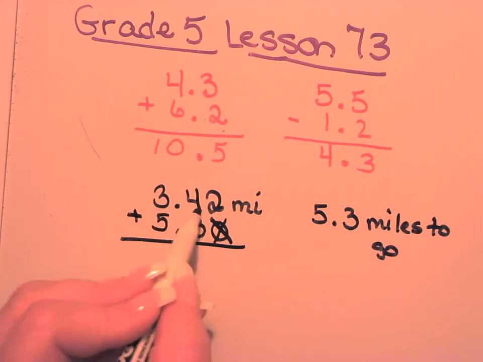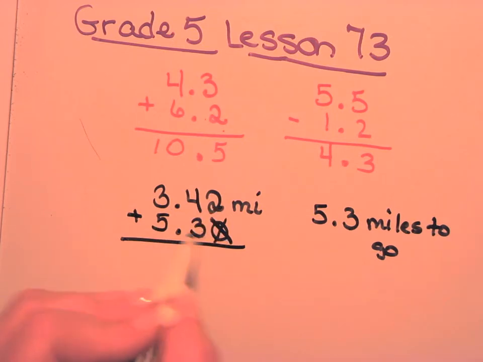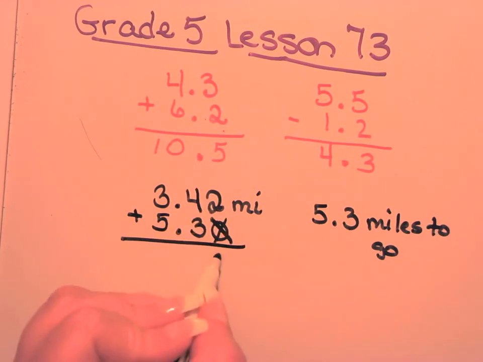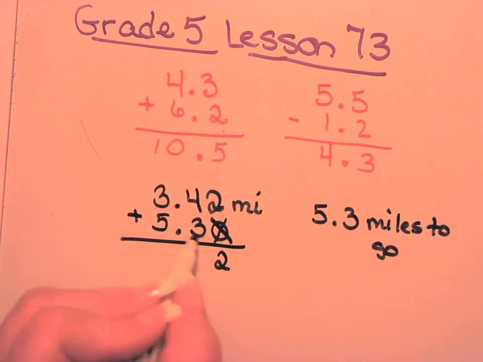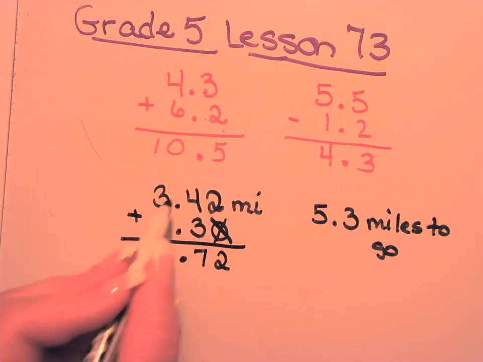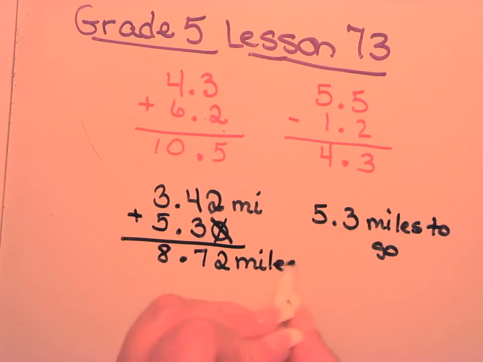So if this has 2 digits after, we're going to make sure that those have 2 digits after. So we put that place value holder in there. 2 plus nothing is going to give me 2. 4 plus 3 is going to give me 7. My decimal point's there. 3 plus 5 is 8. So I have his hike being a total of 8 and 72 hundredths miles.